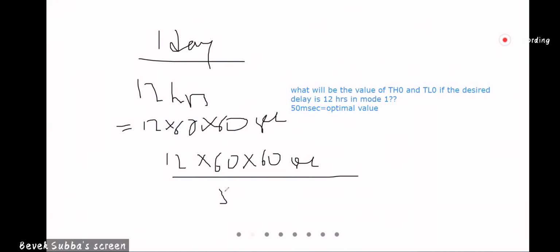This is in seconds. Divided by 50 millisecond should be the number of times this should be repeated. What is this x? Can you tell me?